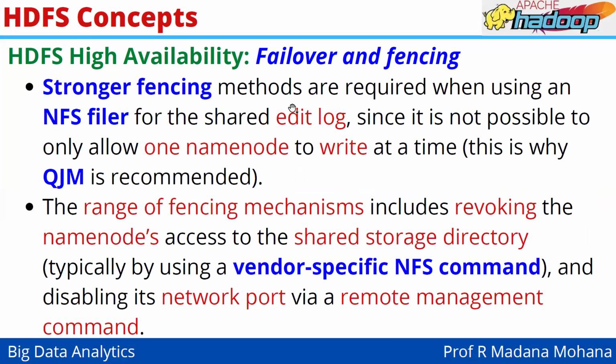Also, stronger fencing methods are required when using an NFS filer for the shared edit log, since it is not possible to only allow one name node to write at a time. This is why the Quorum Journal Manager is recommended. The range of fencing mechanisms includes revoking the name node's access to the shared storage directory, typically by using a vendor-specific NFS command, and disabling its network port via a remote management command.